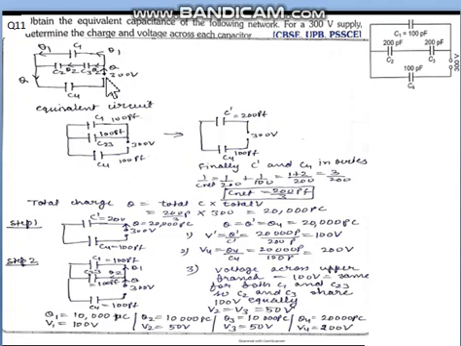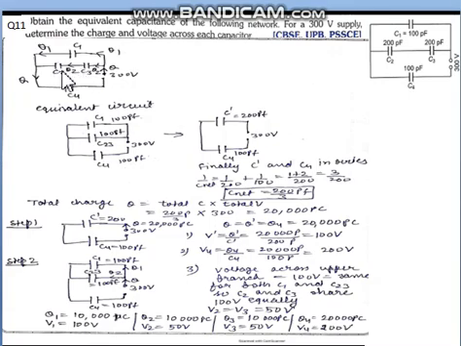So how have we done? Q charge from the battery, then divided into two parts, then added again, flowing through C4, returned back to the battery. Now in solving the equivalent circuit, whichever part is confirmed, like these two capacitors having the same charge, that means these two capacitors are in series.